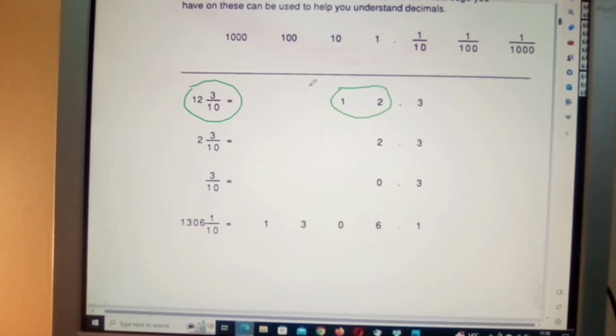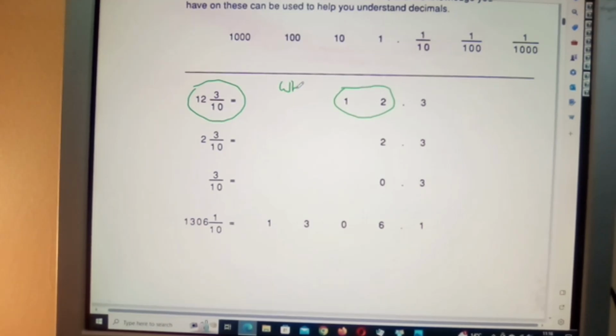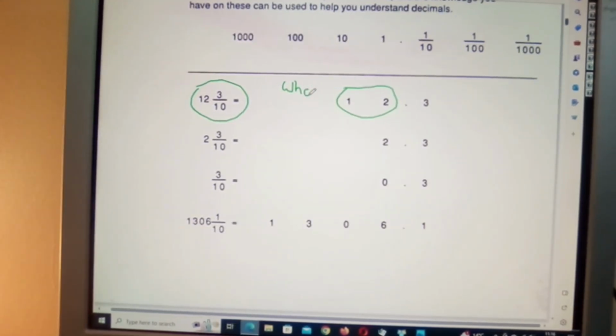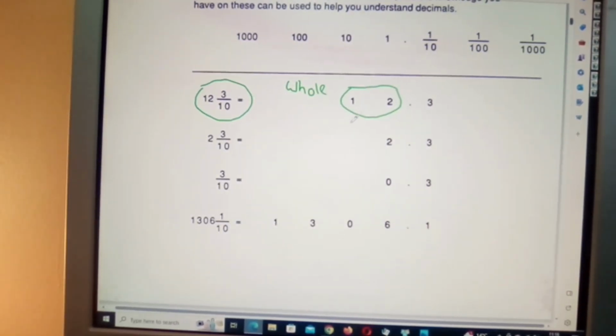That's the whole number, that's the whole, the 12.